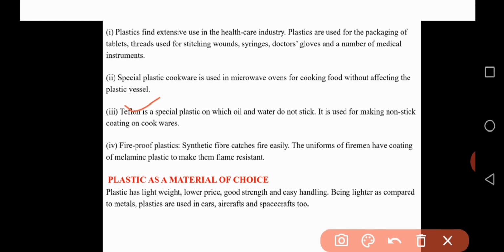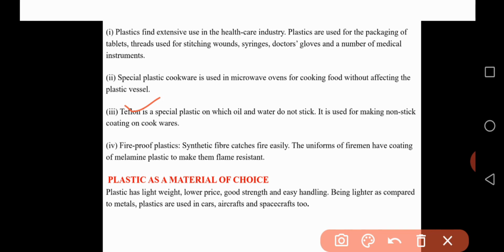Teflon is a special plastic that is very durable, and on this type of plastic we can store oil and water, because it does not stick.